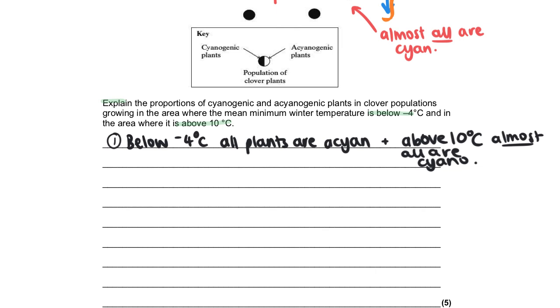Cool. So why then, if we take these in turn, do we see the difference? The second mark is to suggest that below 4 degrees, or below -4, I'm going to keep making that mistake, the cyanogenic plants' membranes freeze.